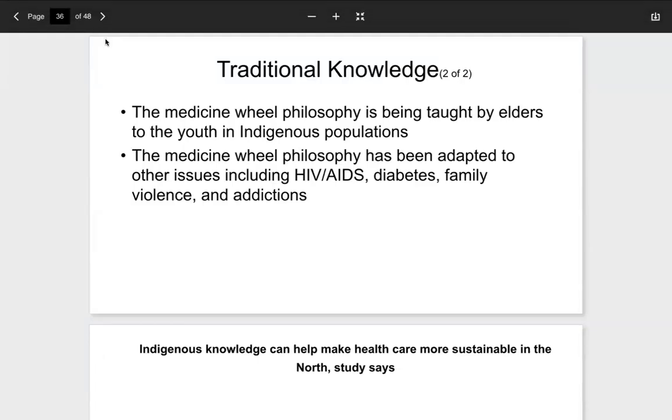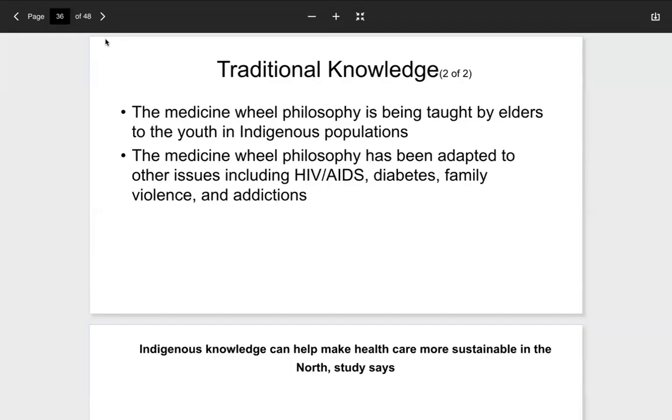Essentially the point here is to know that as community health nurses, we need to be aware of the traditional knowledge that the Indigenous community does bring. Oftentimes we do forget about it, but having that dialogue with the community you're working with is really key, because this is something they've been using for centuries.